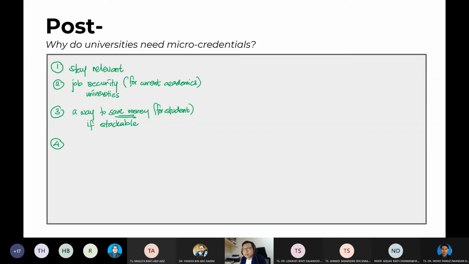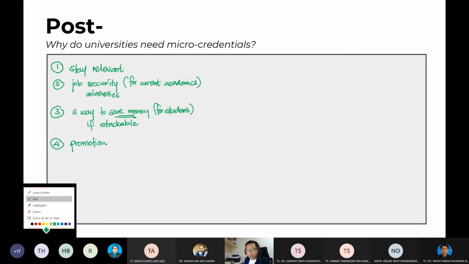Saya tengok from the point of view of promoting the university itself. Maybe a person attends one or tries one of the credentials, and then more likely they think, okay, this is maybe the best university to learn.